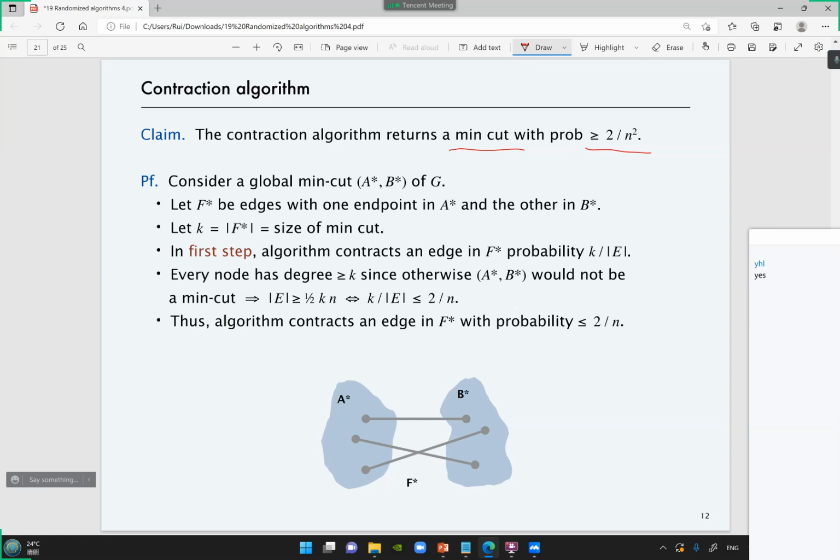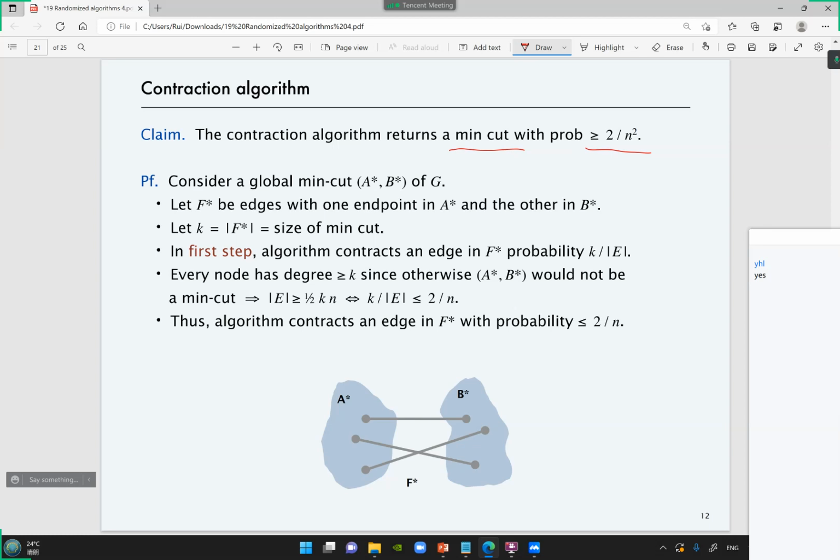But we're going to see that this is at least a positive probability, so at least there's some chance that this algorithm works correctly. And we're going to see that even though this probability is not too large, in the end, if you do this the right way, you can still use this to produce an efficient min-cut algorithm. But let's first of all prove that if you run this contraction algorithm once, then you have at least a 2 over n squared probability of getting a min-cut.